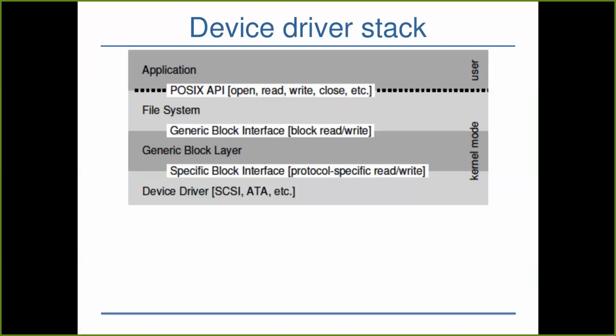So let's take a look specifically at the device driver stack. How does it translate from user mode to kernel mode and to hardware? In an application, you may have calls such as open, read, write, close, and so on, right?